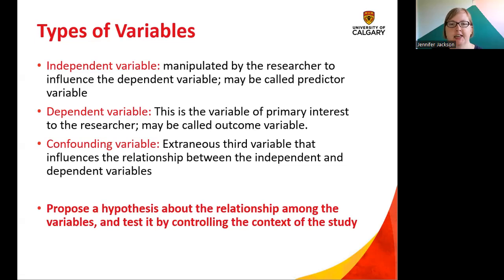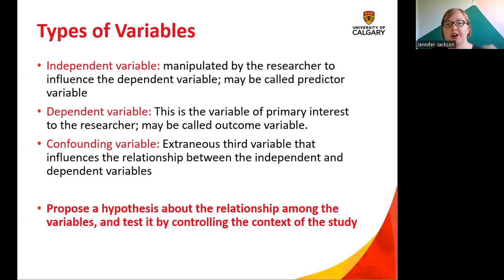So if our study is, does a flipped classroom approach enhance nursing education and result in higher student grades? Our independent variable, the one that we can control, is using the flipped classroom approach. In contrast, our dependent variable is the outcome. So the higher student grades in this example would be the dependent variable.